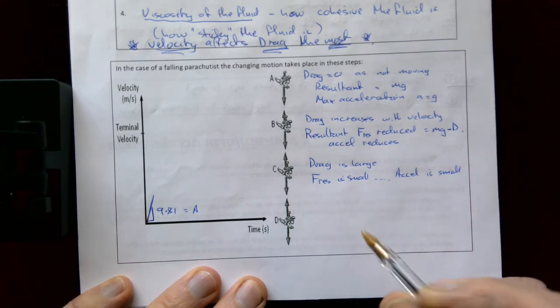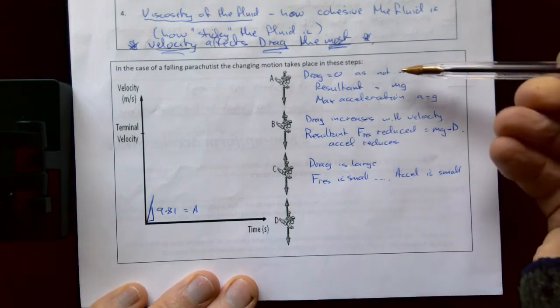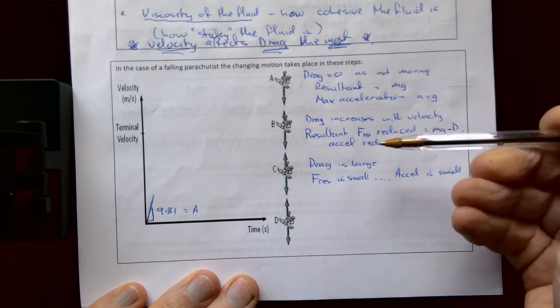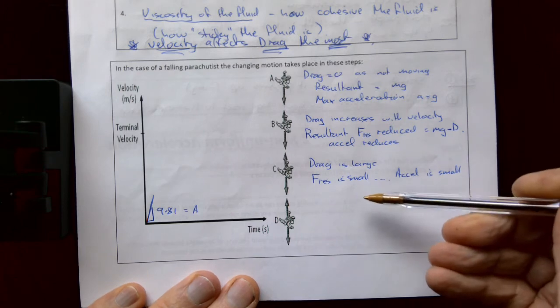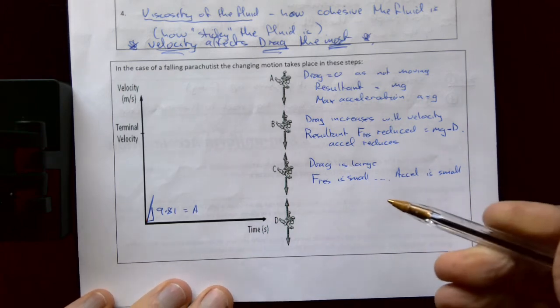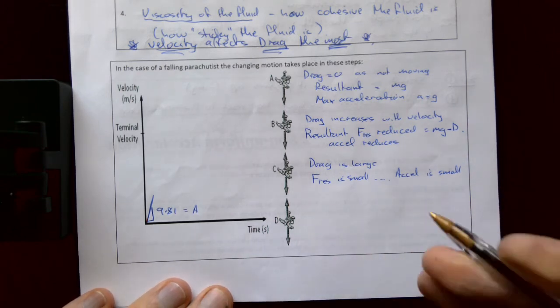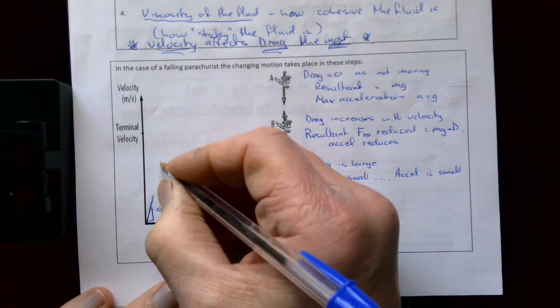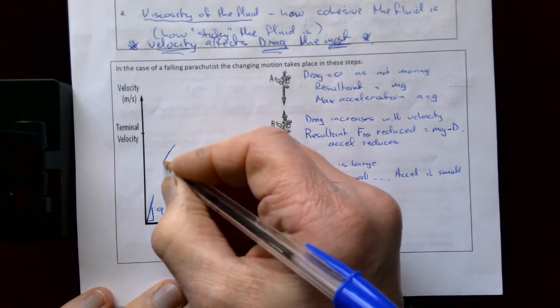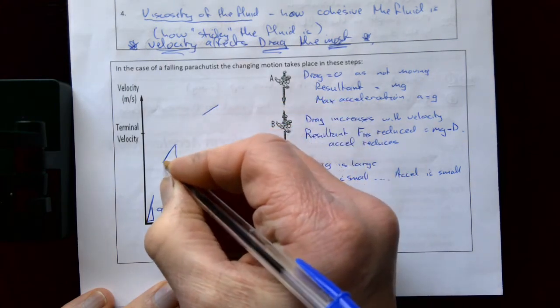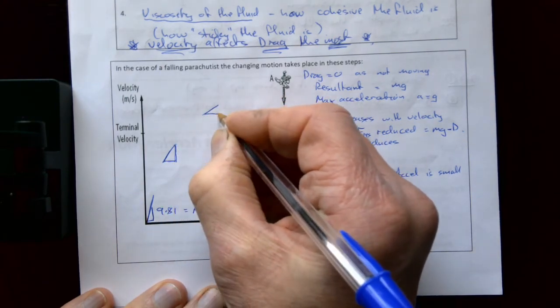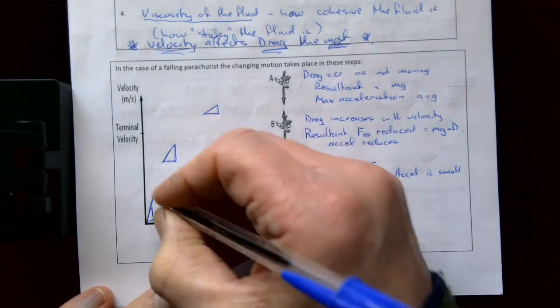Now, what does that mean? Well, we've got a continuous change as the drag increases. Our effect overall is that we have less and less effect. Our resultant force is getting smaller and smaller and smaller. So in terms of what's going on, what we're ending up with is different points on the graph, and our rate of change of velocity, in other words our acceleration, is getting less and less.